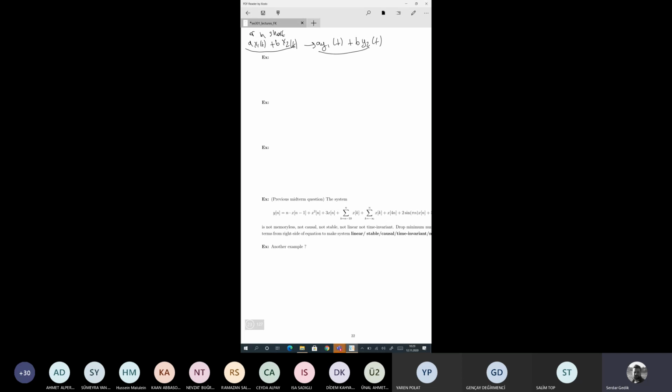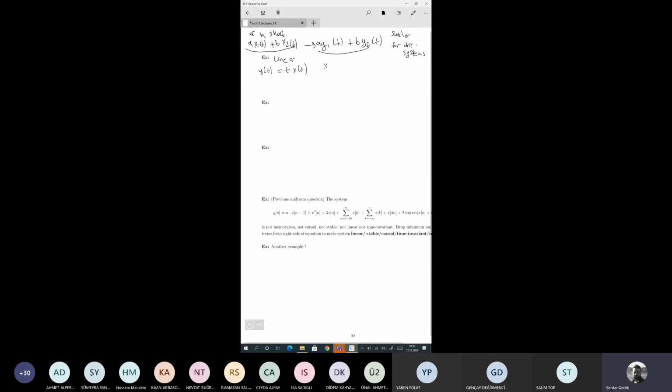So this is, of course, similar for discrete systems. As an example of a linear system, let's write y of t is equal to t times x of t.